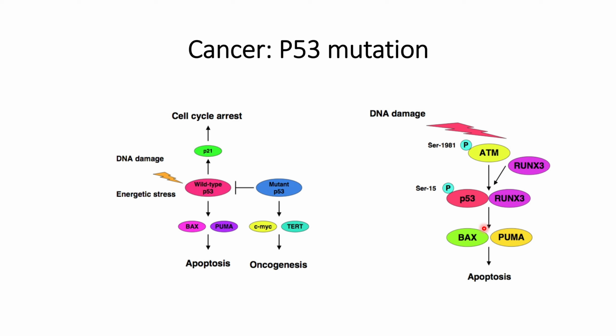So from this study, we learn that RUNX3 also plays a role during DNA damage to promote apoptosis with the help of P53.